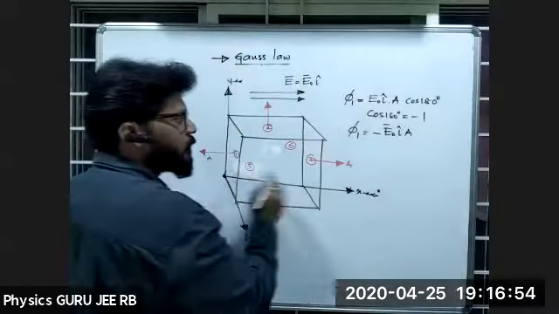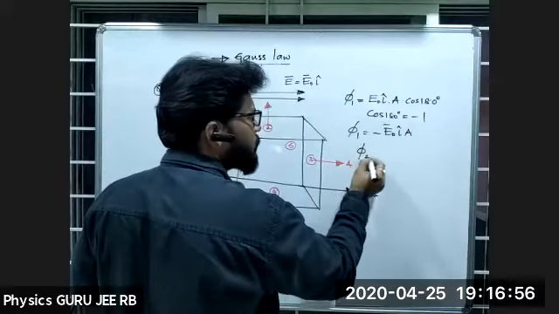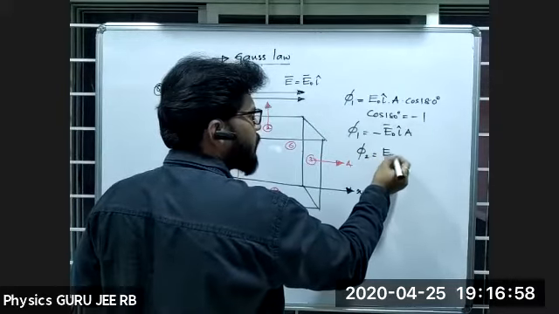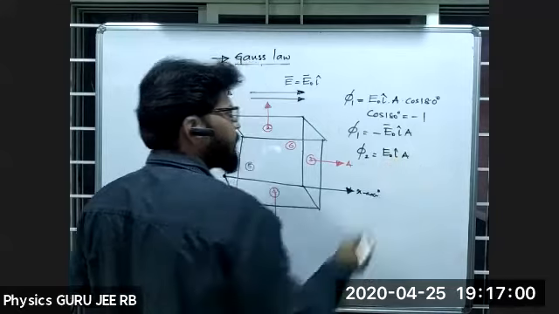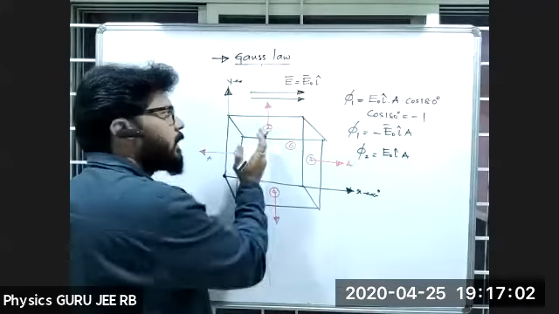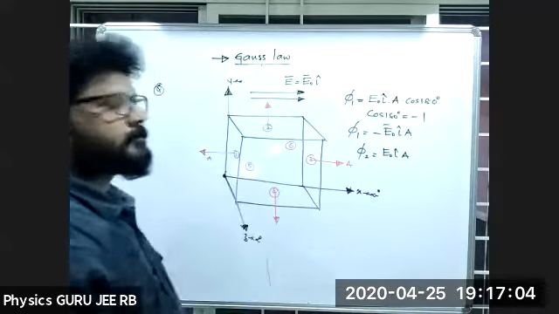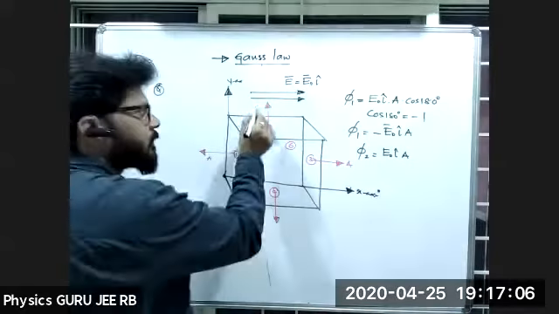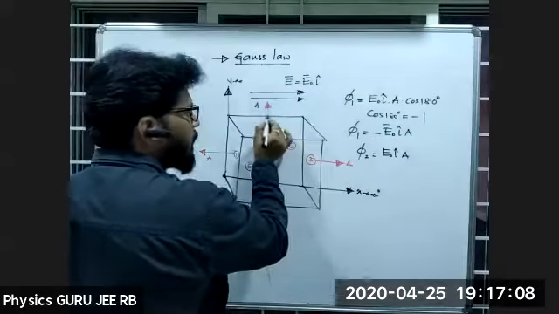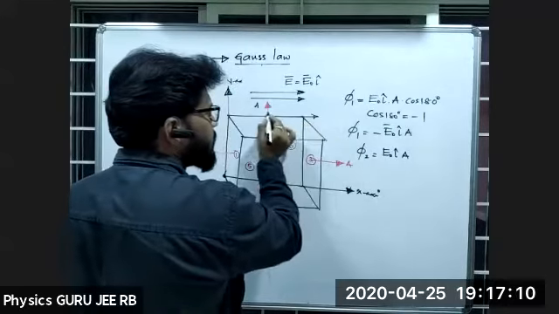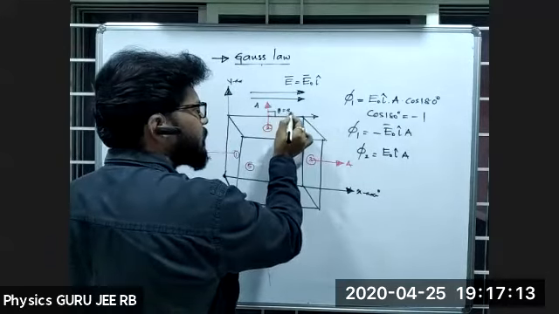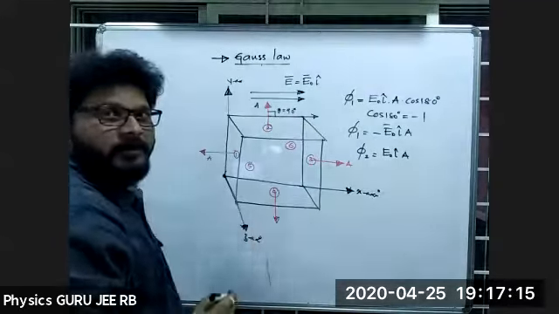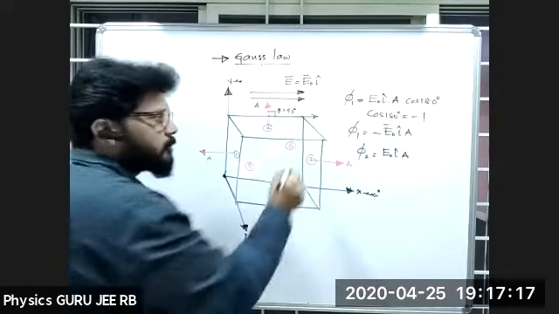Next, going to phi 2. Phi 2 is equal to again E naught I into A cos of theta, between the area vector and the electric lines of force direction. What is theta? 90 degrees. Are you able to see?